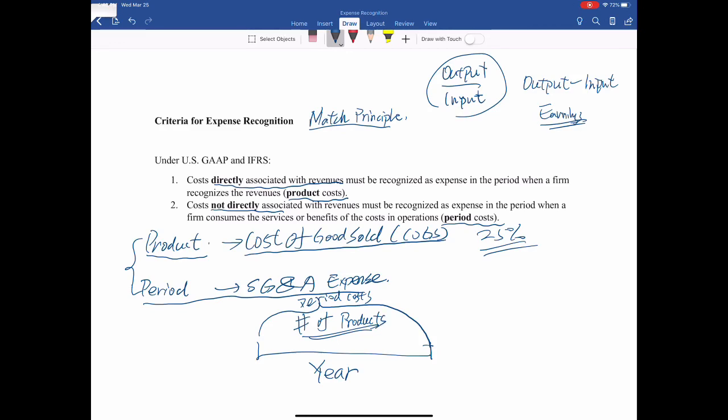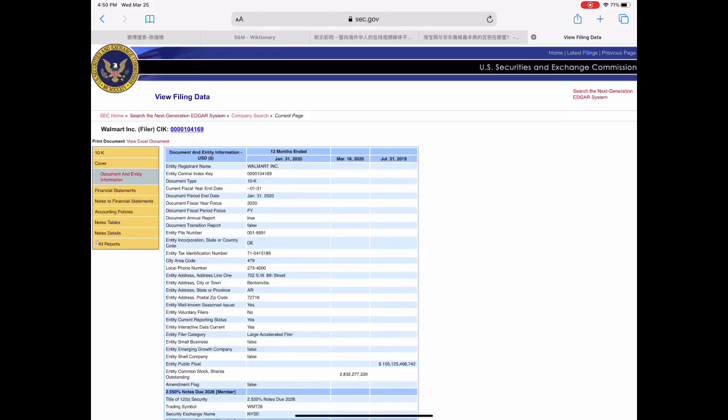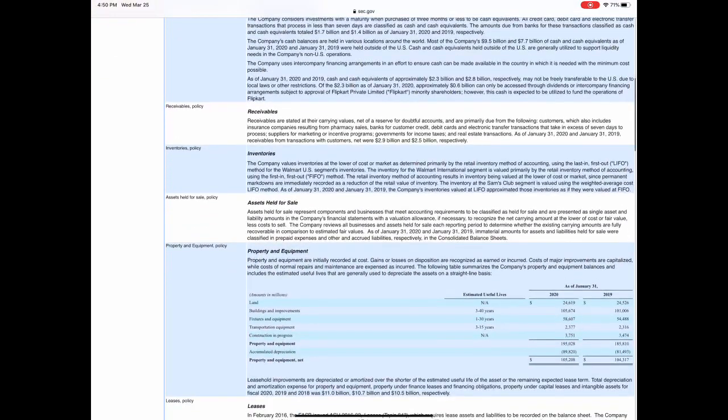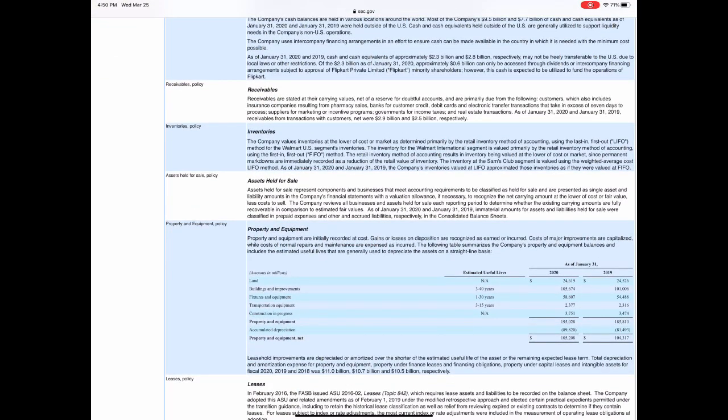Also, in the notes, you should be able to find the expense recognition policy for all kinds of expenses. Please read that. That will be very helpful. So this is the 10-K of Walmart. Check the accounting policy. You can always find what assumption they use for inventory to calculate the cost of goods sold.